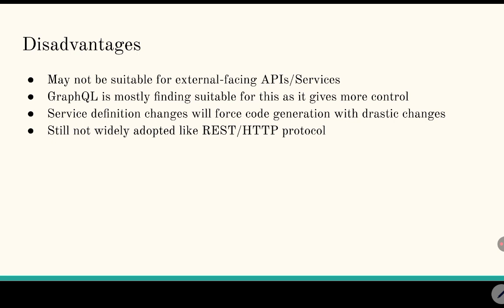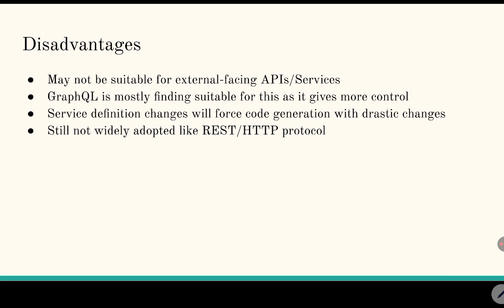It's not going to be the same service. So you have to be careful on that side when you write your interface definition language and make adjustments. Those adjustments need to be mostly incremental, and in such cases making changes in your code is also going to be easier, and you will not have to make drastic changes in your code.